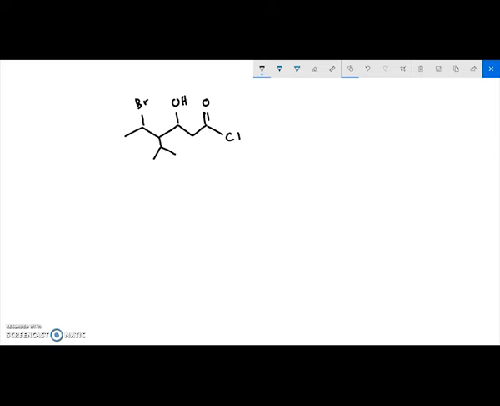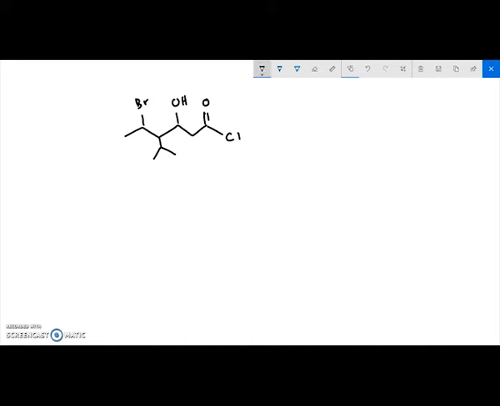In this example, we have the functional group of the acyl halide, alcohol, halogen, and also a simple isopropyl as the substituent. So in this case, we know that the acyl halide will have the highest priority since it is from the carboxylic acid derivative, although we have bromine as the alkyl halide and also the hydroxyl from alcohol, both of them having lower priority compared to the acyl halide compound.